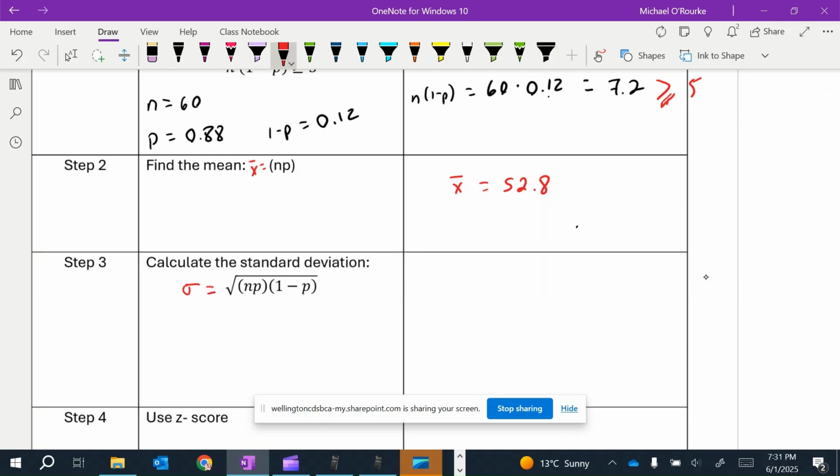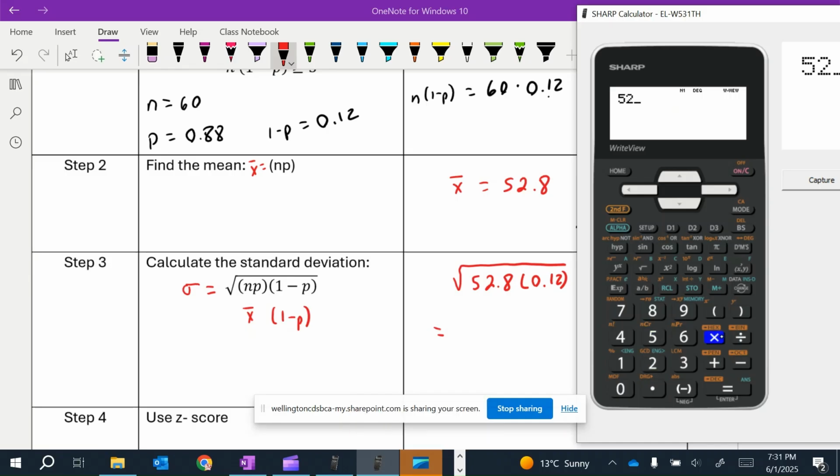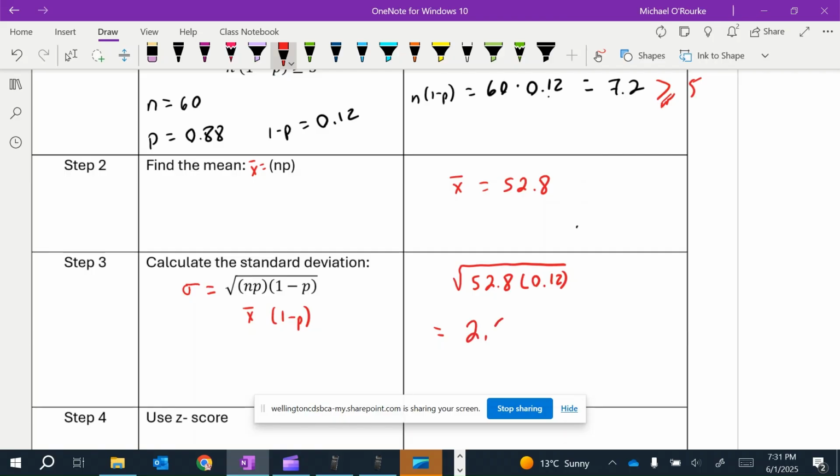It's the square root of our mean, 52.8, times 0.12. Don't forget to take the square root of it. So our standard deviation is about 2.5.